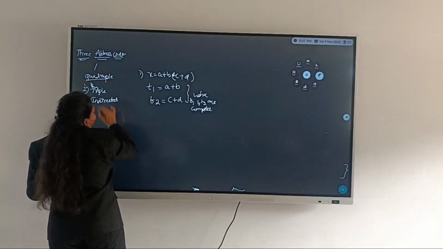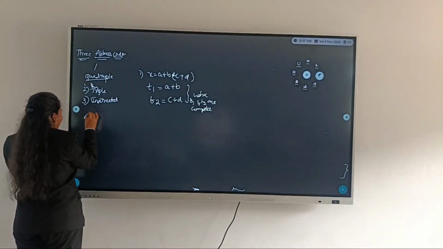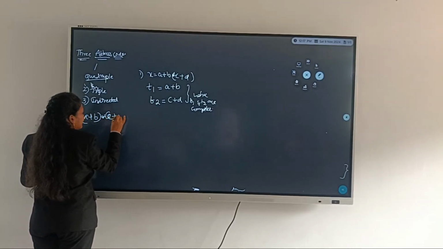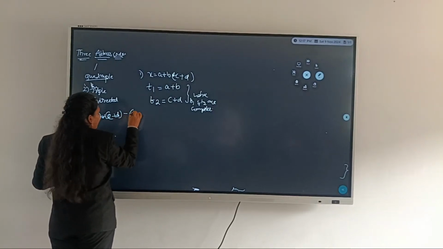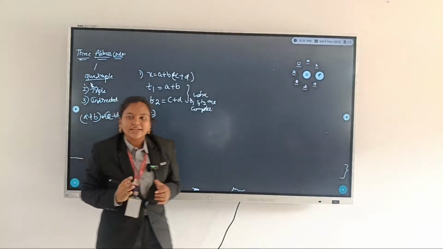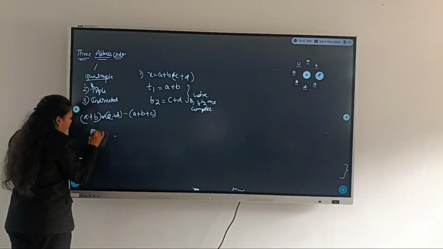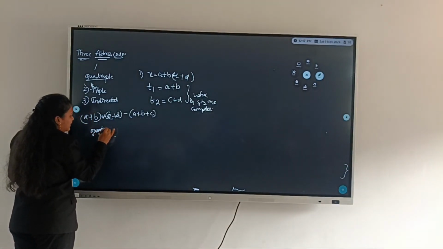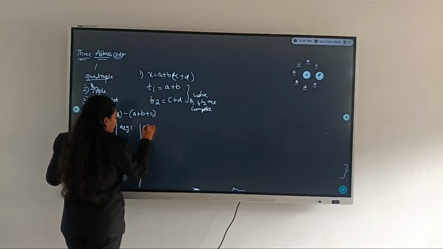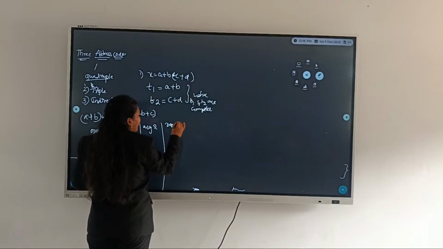Let's enter into the quadruple. Let us assume another example, which is A plus B into C plus D minus A plus B plus C. Quadruple contains four fields: the first one is the operator, the second one is argument 1, the third one is argument 2, and the fourth one will be the result.